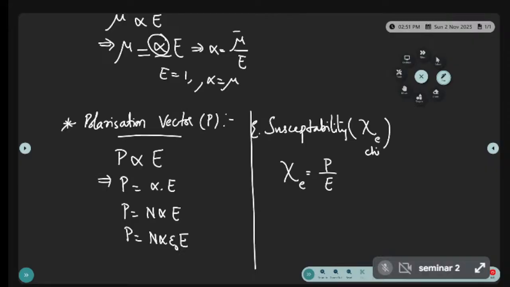The ratio between P and E gives you the electric susceptibility. It tells how easily the material undergoes polarization. The mathematical form is chi equal to P by E. The symbol is chi.